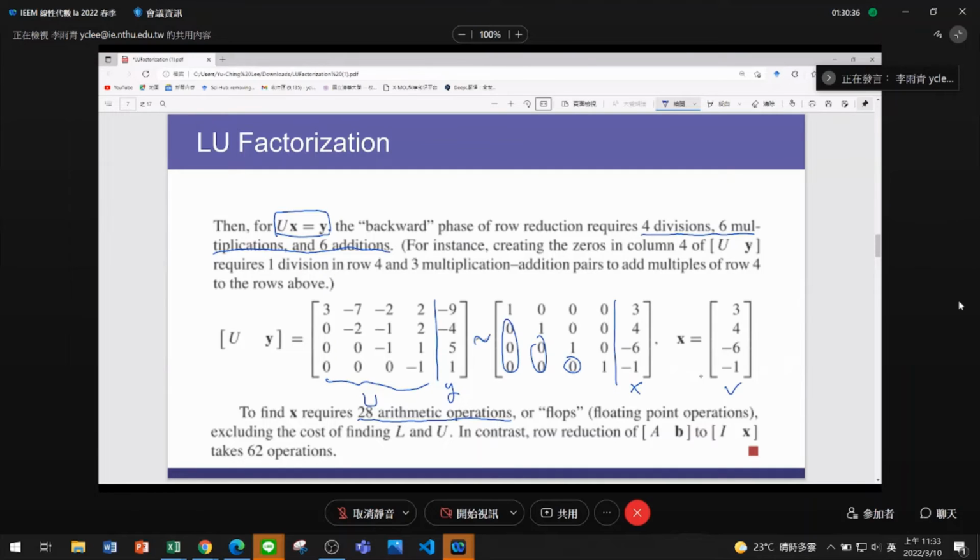What do arithmetic operations mean? It means addition, subtraction, multiplication, and division. Those are all included in these 28 arithmetic operations.